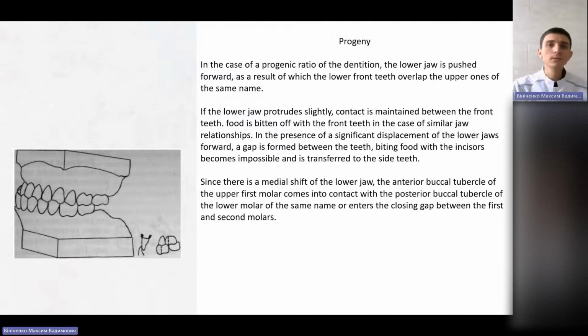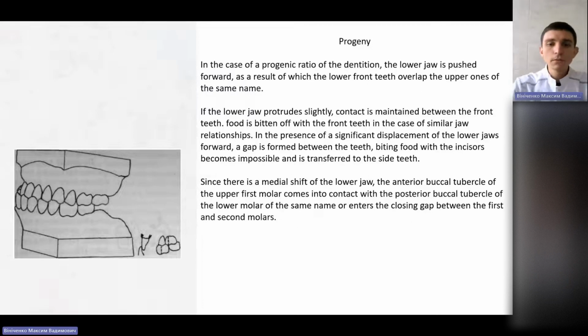If we talk about the progeny of this pathology, there are two big types. It could be a functional pathology, and it could be a skeletal pathology. If we work with a patient who has a skeletal progeny, for example a kid at the age of 9 or 10 years, after orthodontic treatment, if we protrude the maxilla forward and make a good relationship between molars and canines, if our child has a skeletal pathology, we could have a relapse.